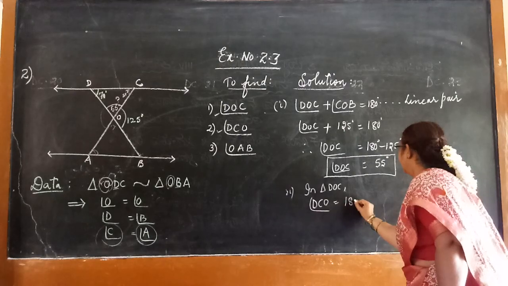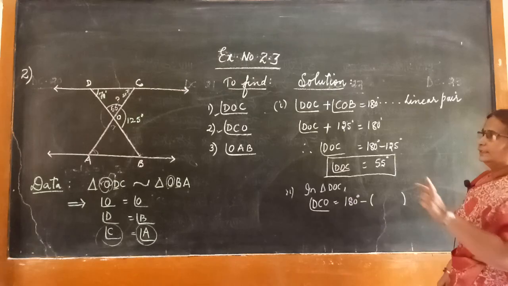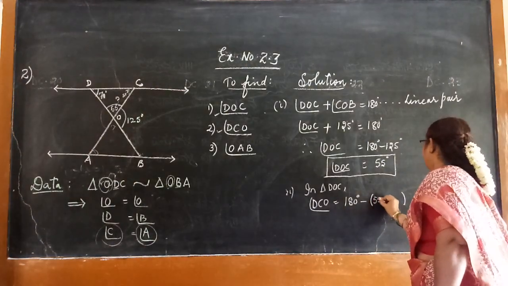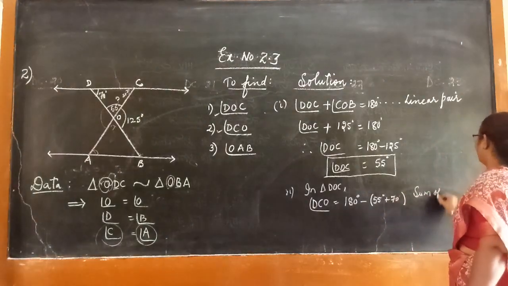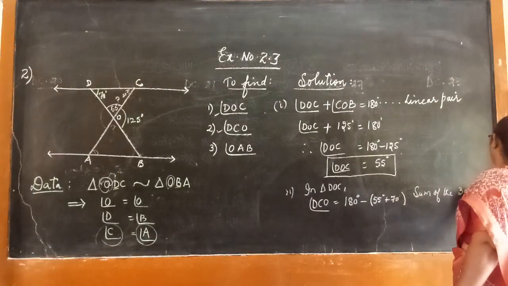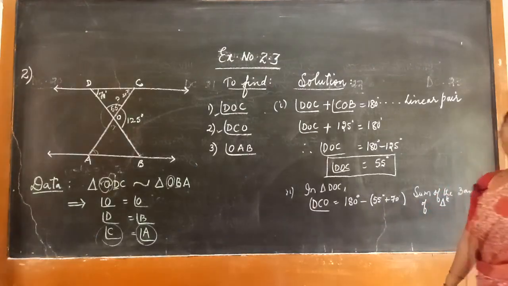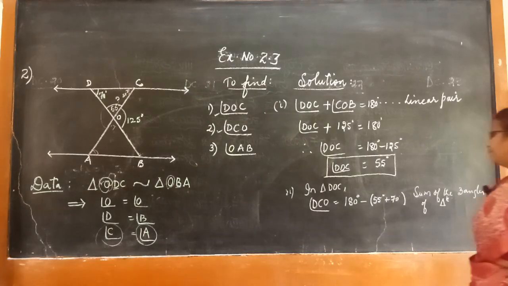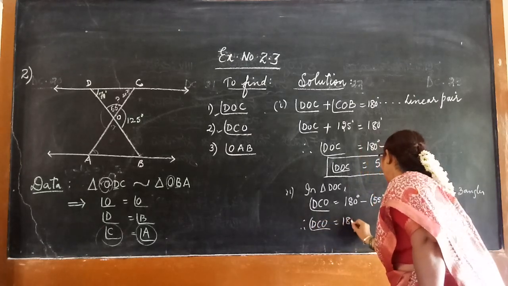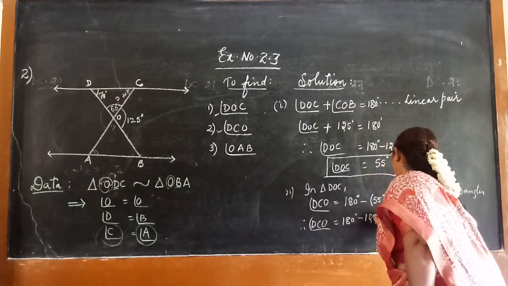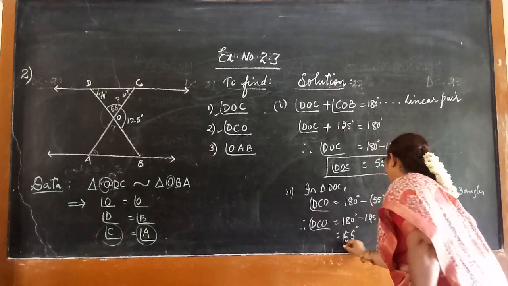From 180 degrees, we have to subtract the sum of the other two angles, 55 degrees plus 70 degrees. The reason is the sum of the three angles of a triangle, the angle sum property of a triangle. Therefore, angle DCO is equal to 180 minus 125 degrees. Therefore, angle DCO is also equal to 55 degrees.